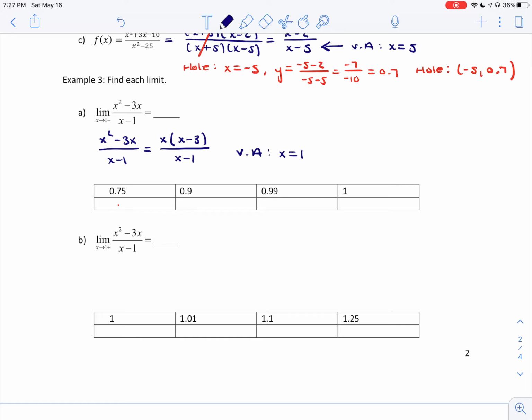And I plugged these in ahead of time, and I ended up with 6.75, 18.9, and 198 at 0.99. And of course at 1 itself, we know we have this vertical asymptote. So we can see then as x is approaching 1 from the left-hand side, our y values are starting to approach positive infinity.